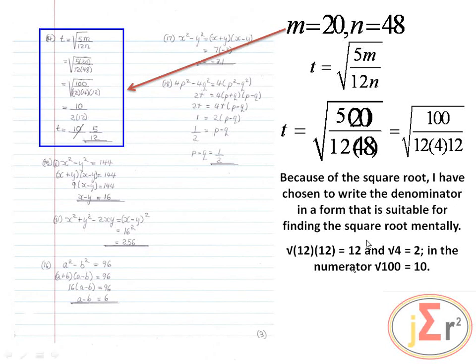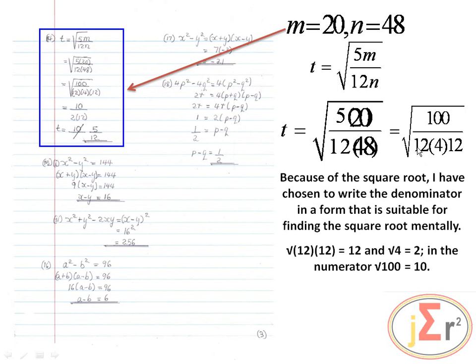Now, because of writing the denominator in the form 12 times 4 times 12, we may make use of the fact that the square root of 12 times 12, which is what we have right here, and we will discuss this a little bit further on a subsequent slide.